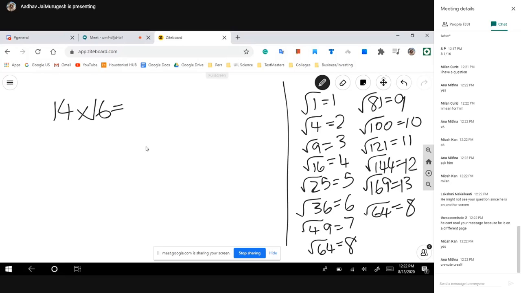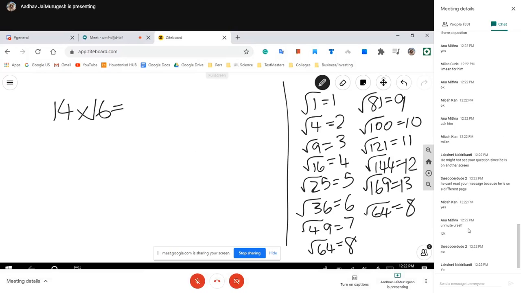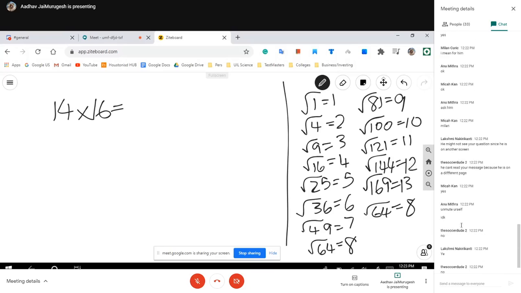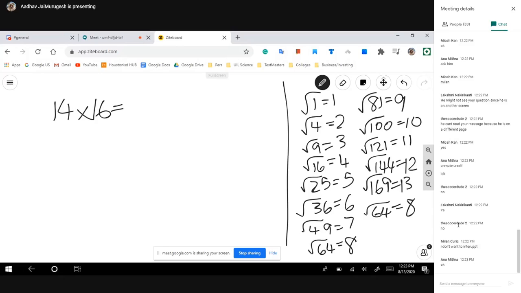The first step is determining how much each of these numbers is above 10. Let's take the first number, 14. 14 is 4 plus 10, so you put a little 4 over here. The reason we take 10 is that this math trick focuses on a concept called bases.